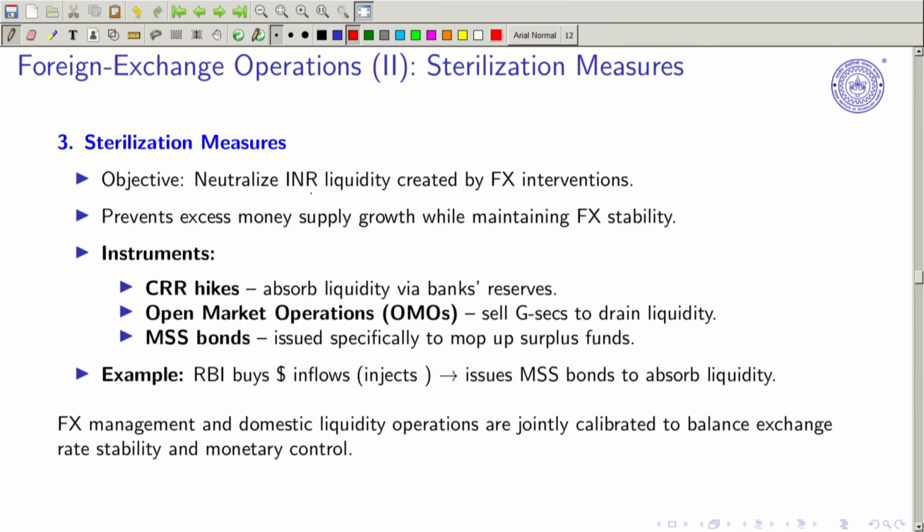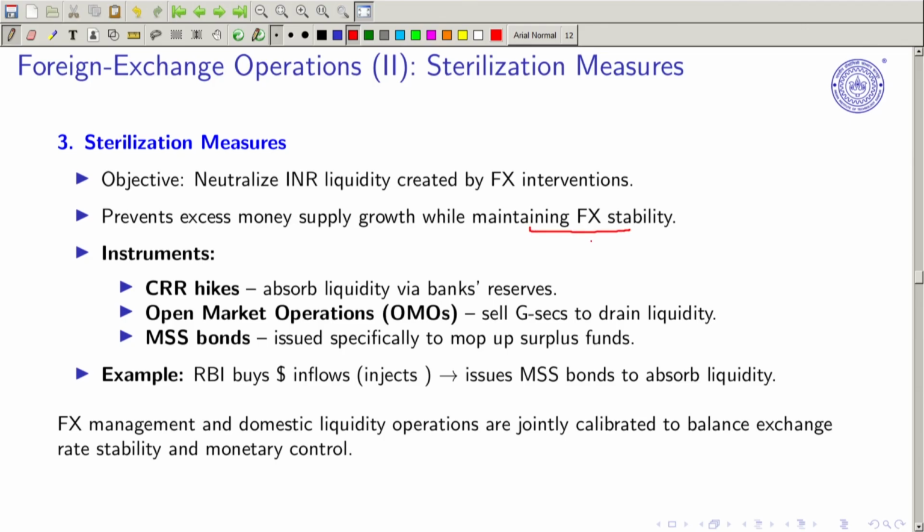To neutralize INR liquidity, since I am mentioning the word sterilization quite frequently, let us understand what neutralization means. Whatever excess liquidity or excess money is available in the banking system, if it remains there, will create inflation, because MV is equal to PT, as we know already.